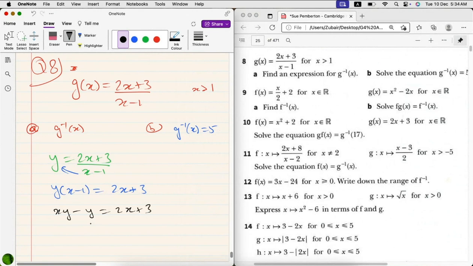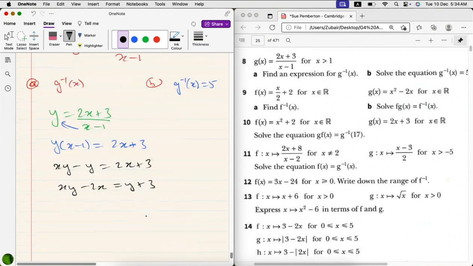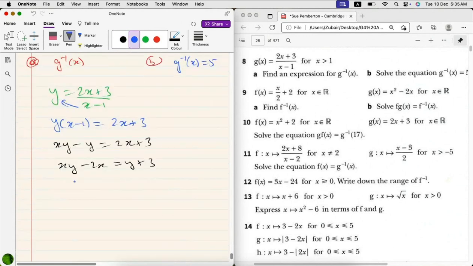I'm collecting all the x on one side. Now take x common. Now x is separate, dividing it on the other side. g inverse x is equal to (x plus 3) over (x minus 2).